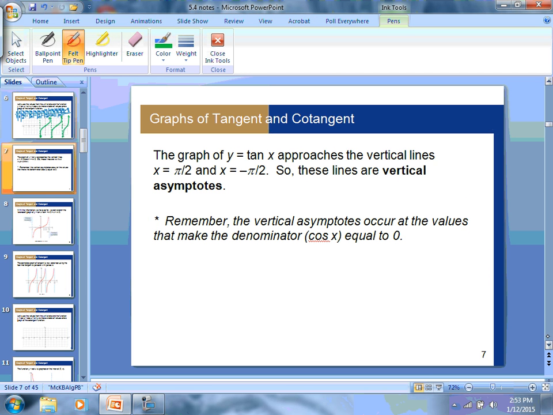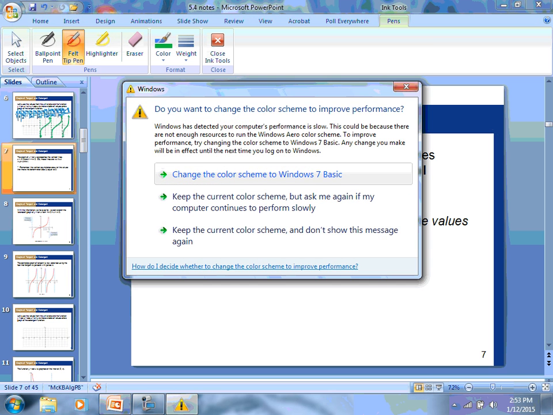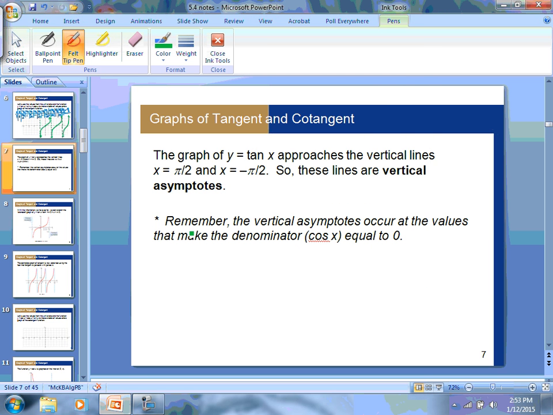Okay, so notice that at pi over 2 and at negative pi over 2, those were the values where the graph didn't exist. So those are my vertical asymptotes. Okay, and remember that those vertical asymptotes are where the denominator is going to equal 0. Now, tangent is equal to sine over cosine.